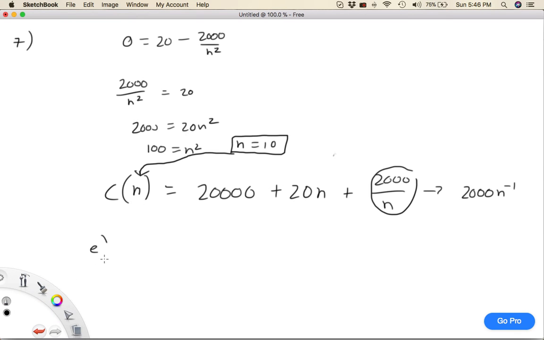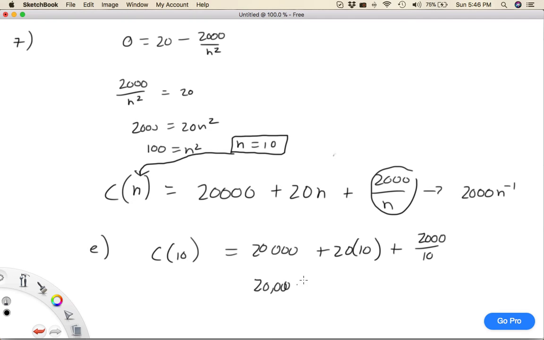So part E is we're trying to find the cost of 10, C of 10. So that's 20,000 plus 20 times 10 plus 2,000 over 10. So that's the 20,000 plus 200 plus 200.